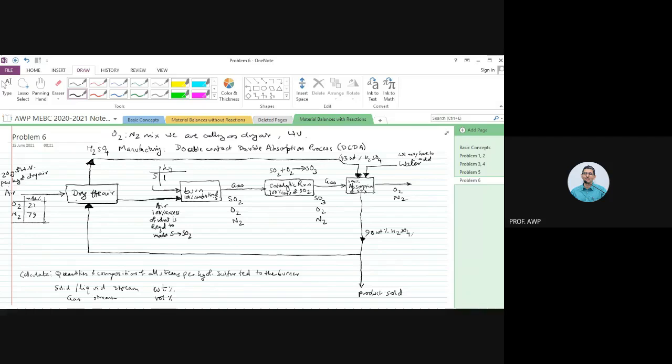Any answers? So for the SO2, O2, N2, percentage volume would be 10.5. Let's just do one thing. Tell me just one answer. How much water do we need to add, if at all?